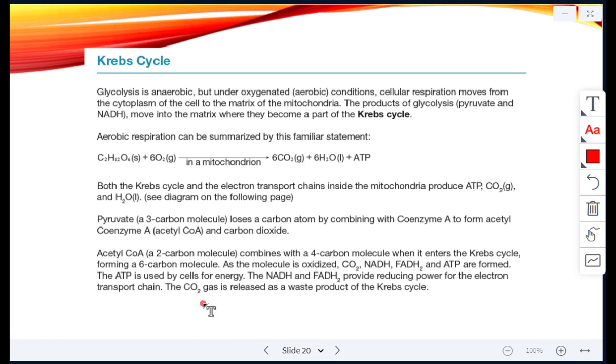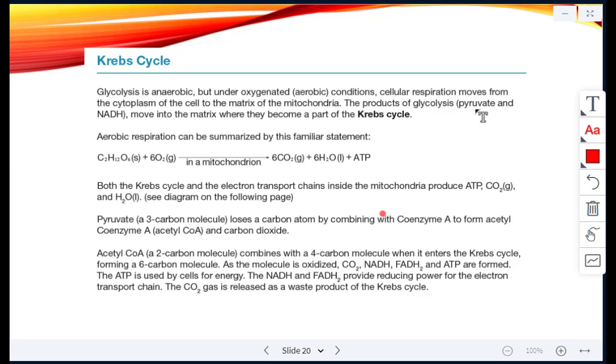All right, so like we talked about, glycolysis is anaerobic, meaning it can function when there's no oxygen, but it can also function when there is oxygen present as well. So when there is oxygen present, then the products of glycolysis will move from the cytoplasm of the cell and into the matrix of the mitochondria.